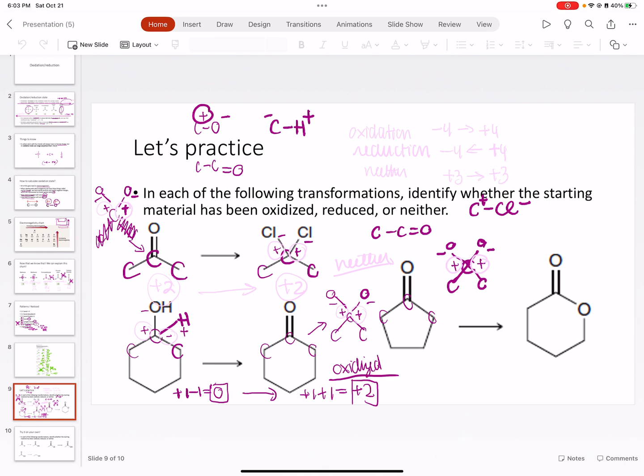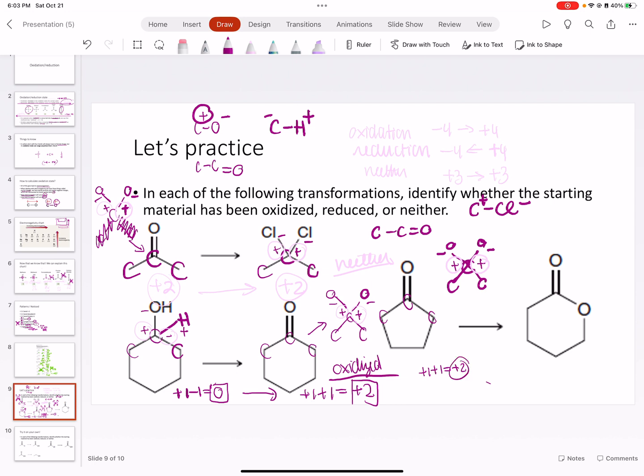Okay, we didn't lose that much. Okay, so then we have a plus 1 is gonna equal plus 2. And then in here we have a carbon, oxygen, oxygen, oxygen, carbon.